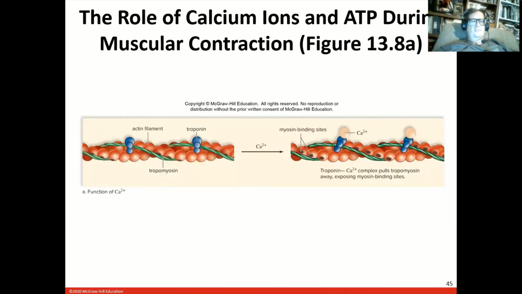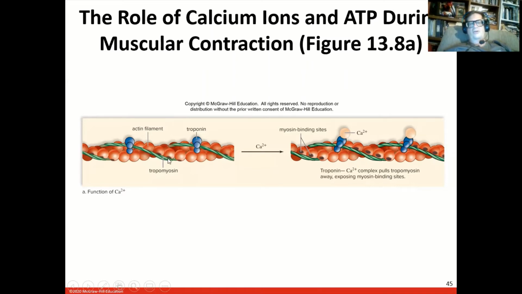Okay, so right here, I'll back up to where we were supposed to be. Here we have that pair of twisted fibers. Those are the actin fibers. So two actin filaments attached, but you have little troponin molecules, and they are attached to tropomyosins.